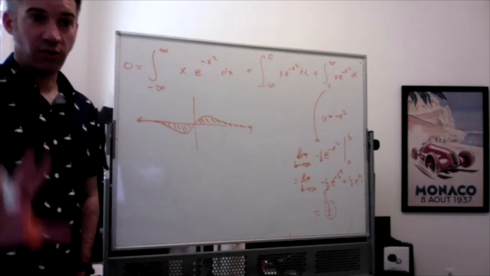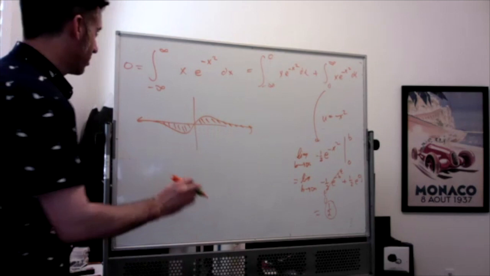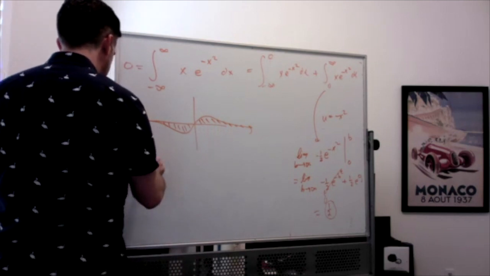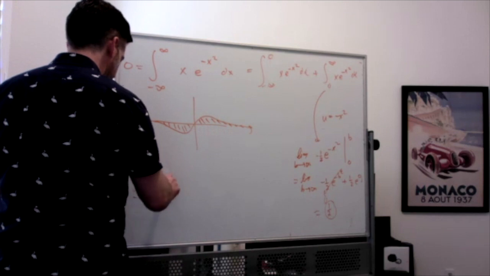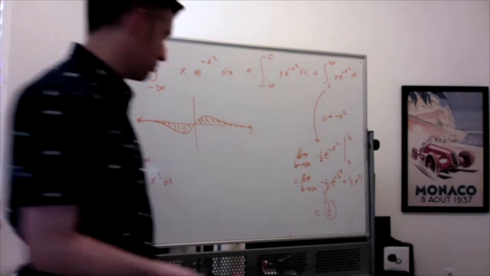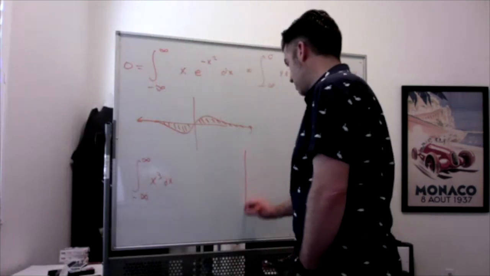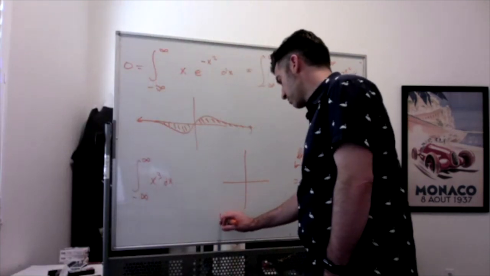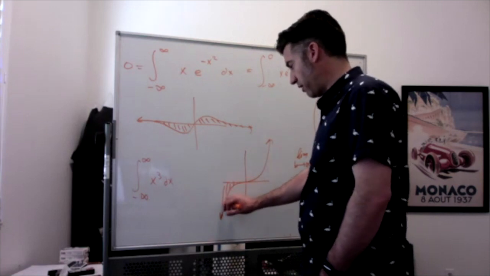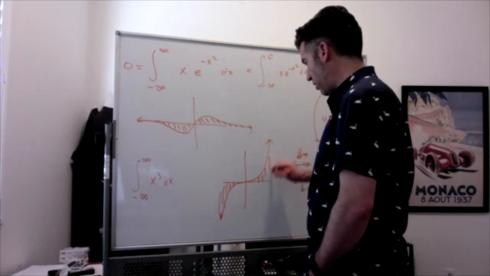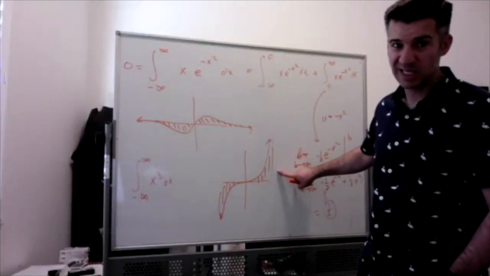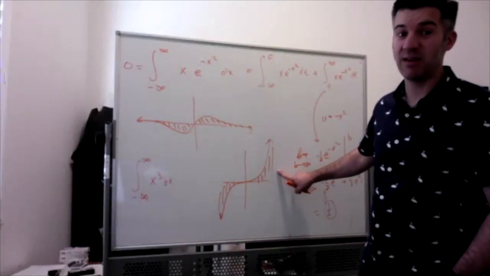But what I want to contrast that with is this integral, negative infinity to infinity of x cubed, even though x cubed is also an odd function. It looks like this. You have all this negative area over here, all this positive area over here. How much positive area is over here? An infinite amount.